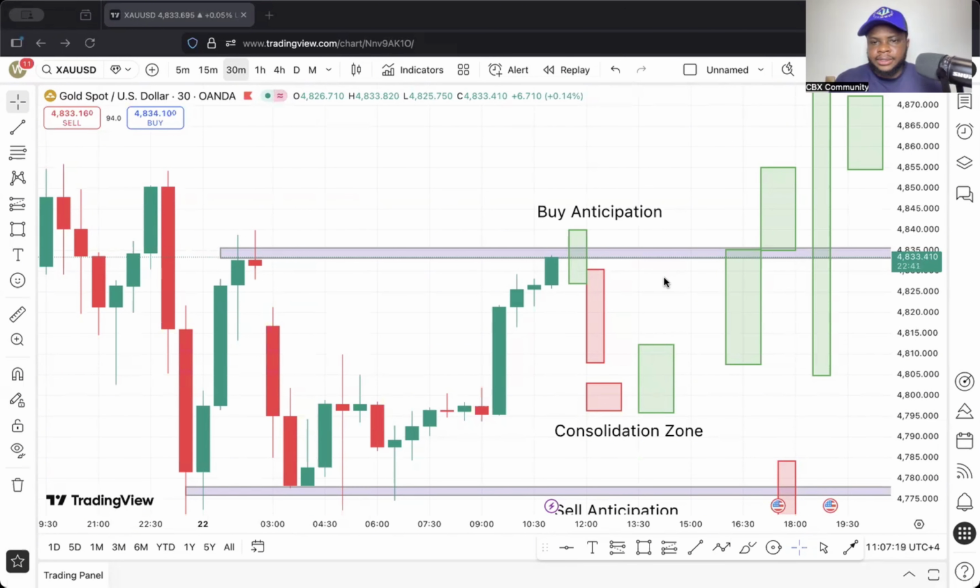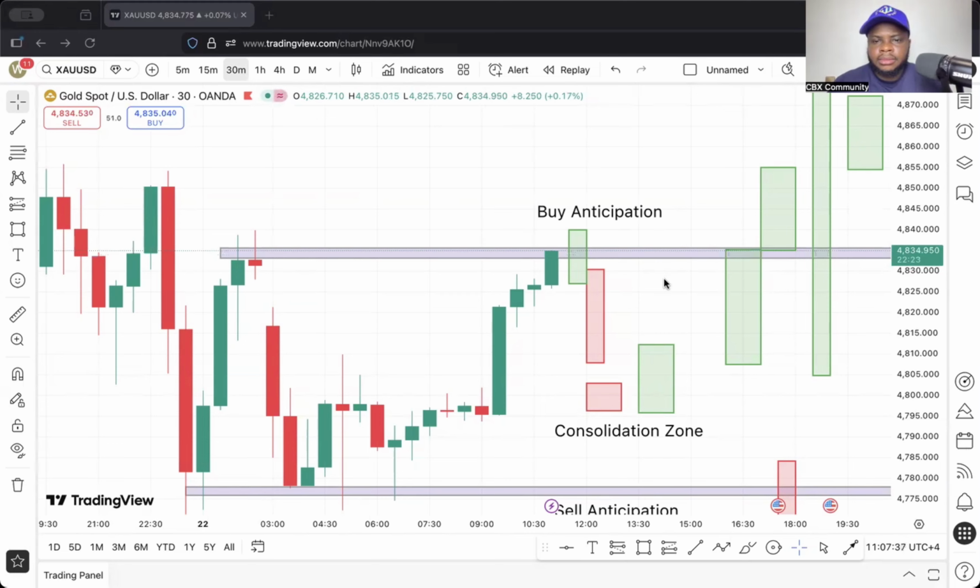Okay, so let's see. Since we are anticipating volume to come to the market, since this is the beginning of London Open, there is volume in the market.